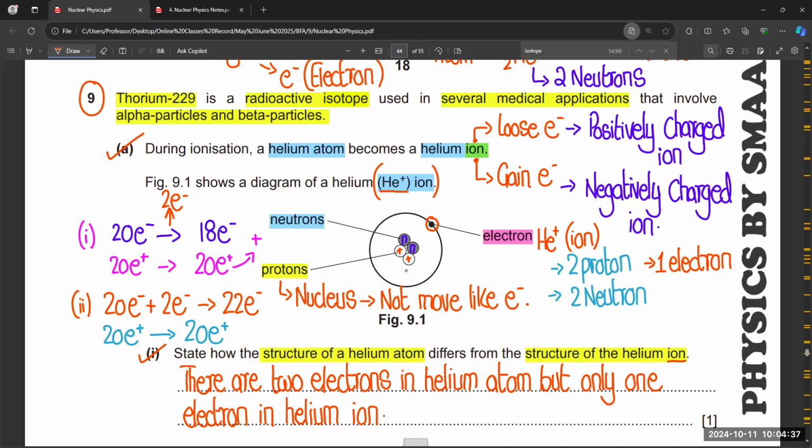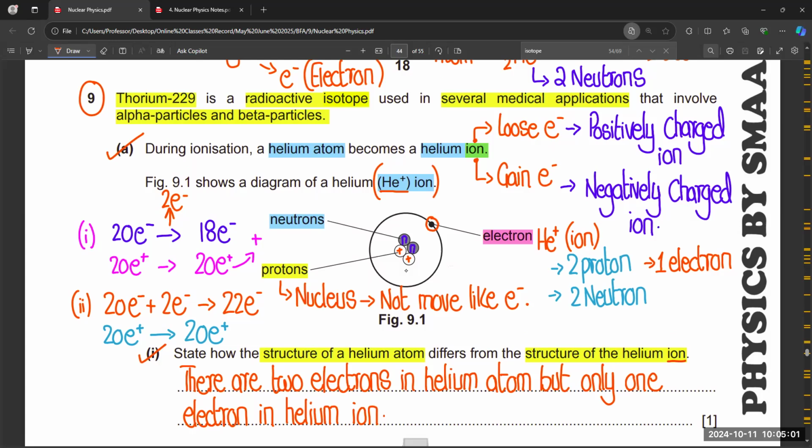Always you will get some type of hint or some type of diagram in your question. Just like in this question, you will get a proper diagram, and it is clearly mentioned in the question that it is He plus, which means positive ion, and there is also electron given. So you can easily identify from there.